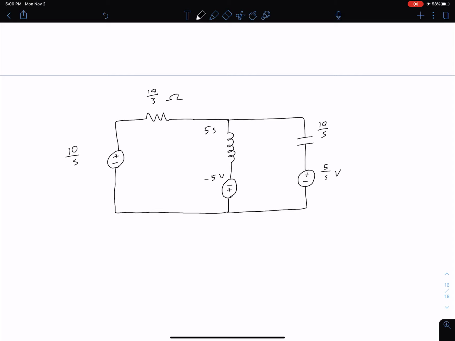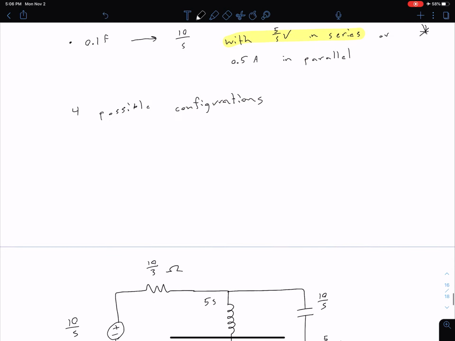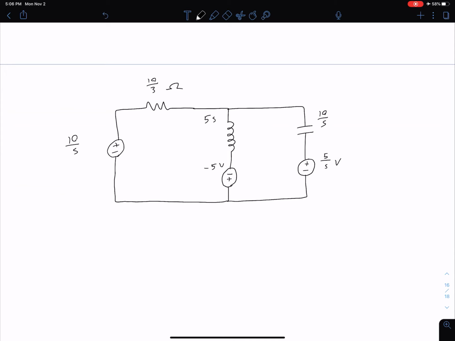Let's keep in mind, because we're looking at voltage across the capacitor, that's what we're ultimately trying to find as Vc of t, we are interested in the voltage across both of these elements here. Remember, this 5 over s volt source is just representing the initial conditions on our capacitor, but it's still part of our capacitor. So this is going to be our Vc of s that we're ultimately interested in.